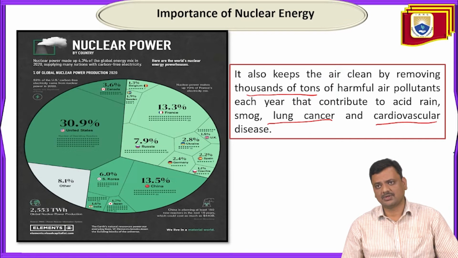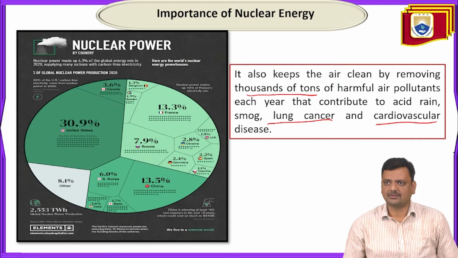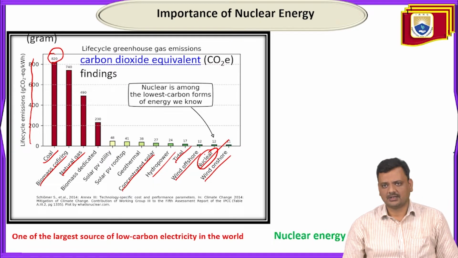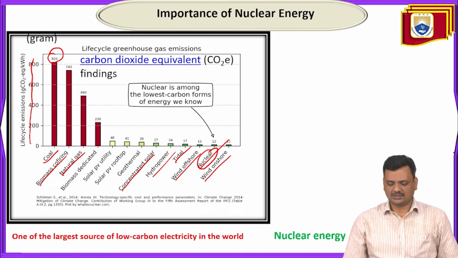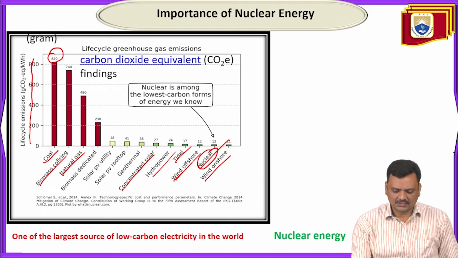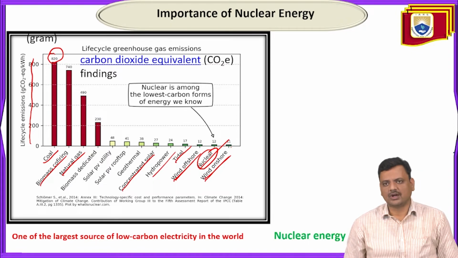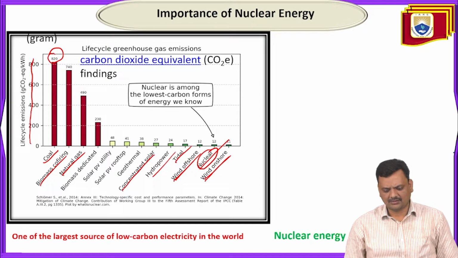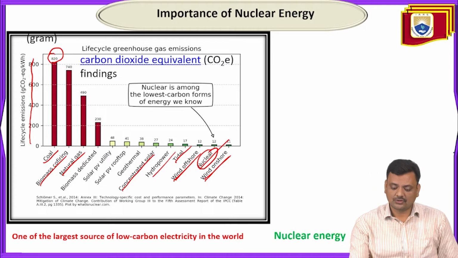We can avoid the emergence of thousands of tons of harmful air pollutants each year if we use nuclear energy sources. Obviously, wind offshore and wind onshore also have characteristics similar to nuclear energy, but nuclear power also has some advantages over these power sources.